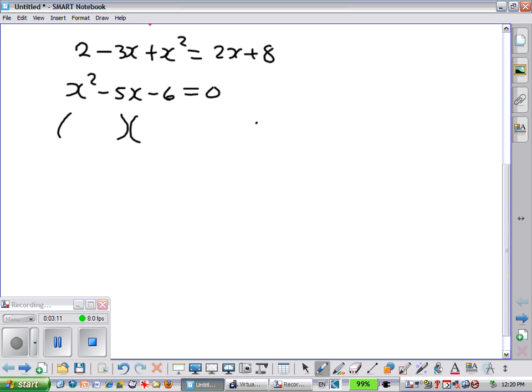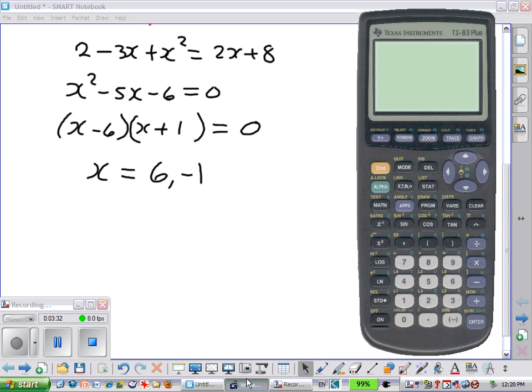What two numbers multiply to negative 6, but add to negative 5? x equals negative 5 and plus 1. What value of x will make the first bracket 0? 6. And what value of x will make the second bracket 0? Negative 1.